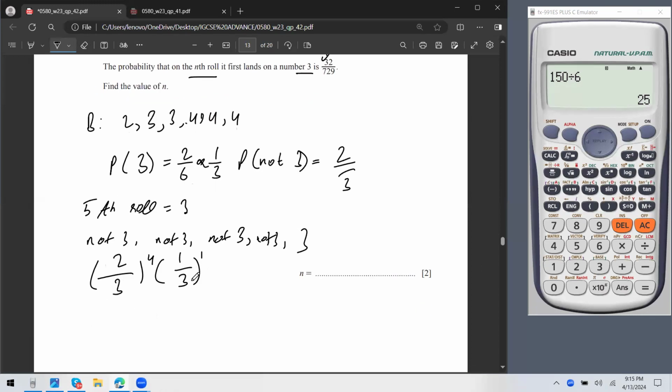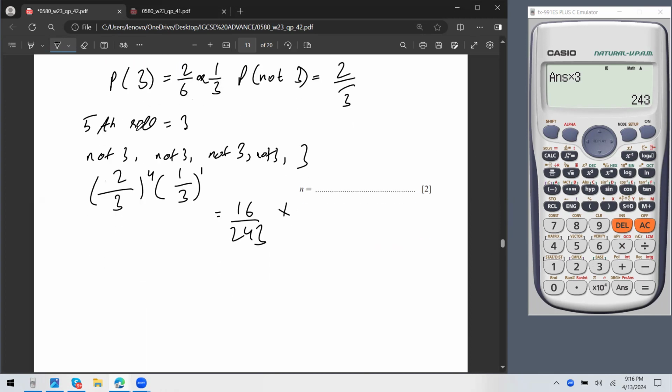Okay, what's the answer here? 2 raised to power 4 is 16. 16 over 3 raised to power 4, multiplied by 3, it's 243. So that means this is not the answer. We don't have 32 over 729 yet. So you can try another one. Let's try the sixth roll.